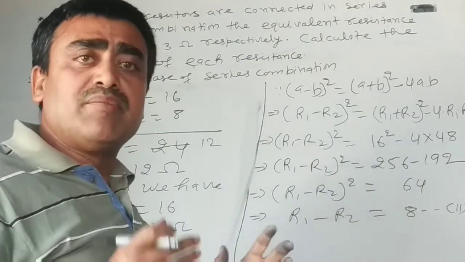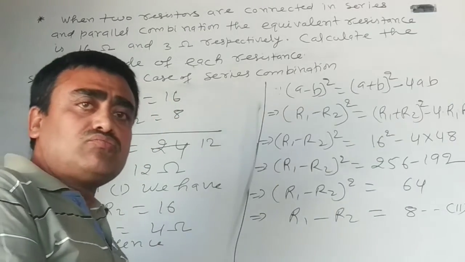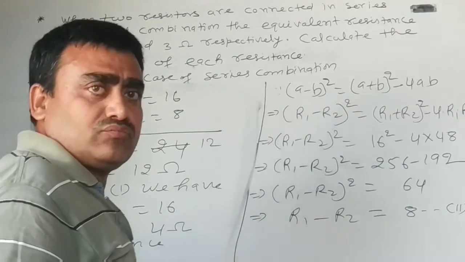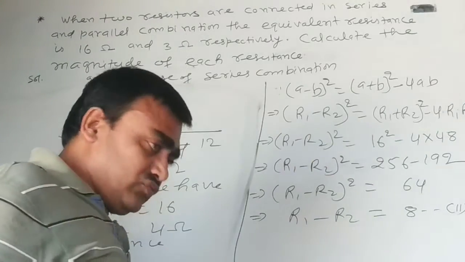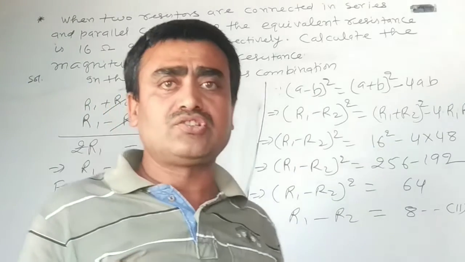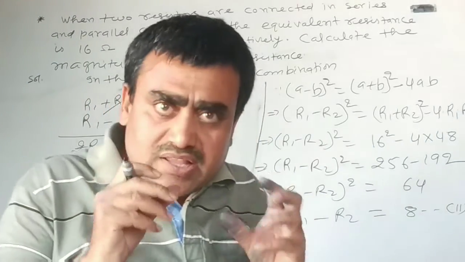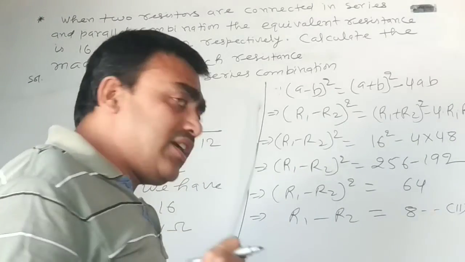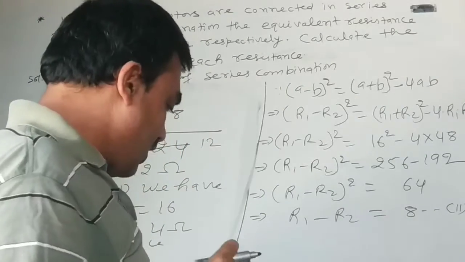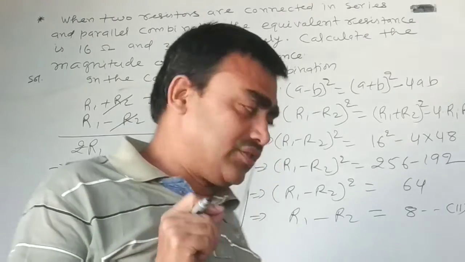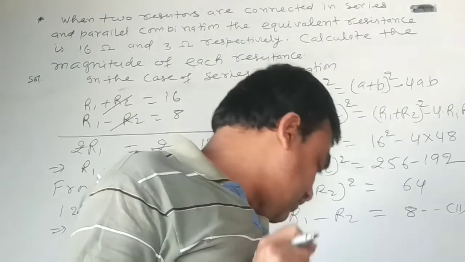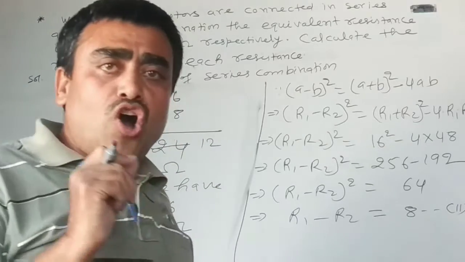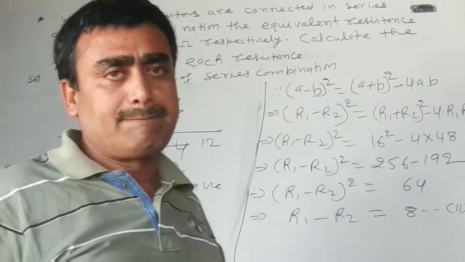Now I am going to tell you another question. 100 joule heat are produced each second in a 4 ohm resistor.